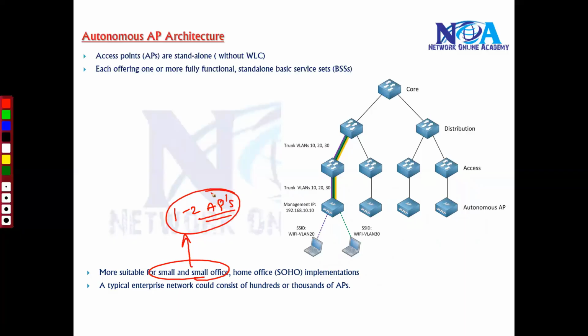But when you have hundreds of access points, or even 10 to 15, it's not an easy job to manage each access point individually. So that's really not applicable in a typical enterprise network, because a typical enterprise network may have hundreds to thousands of access points.